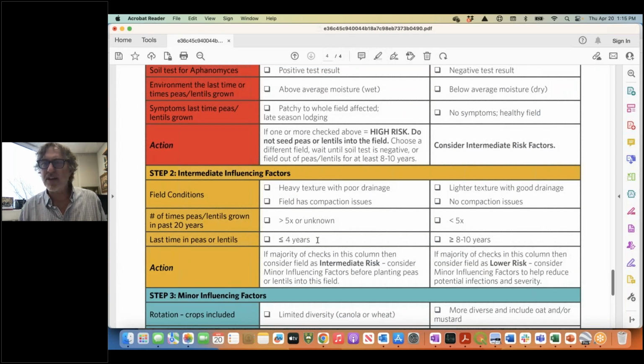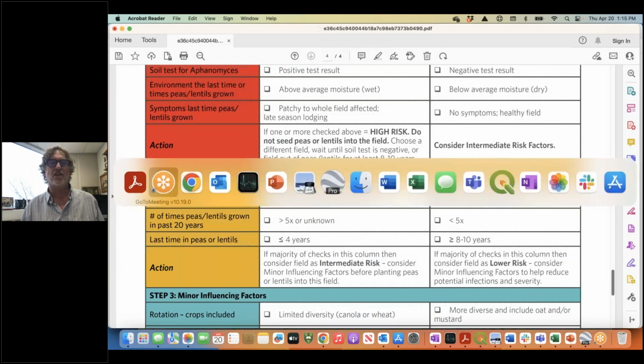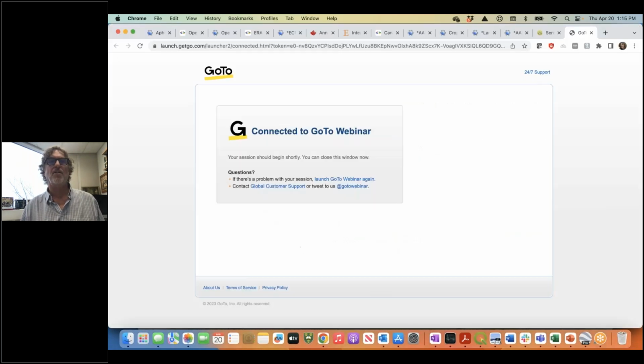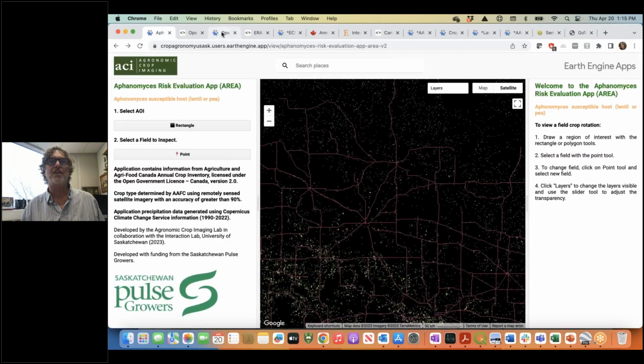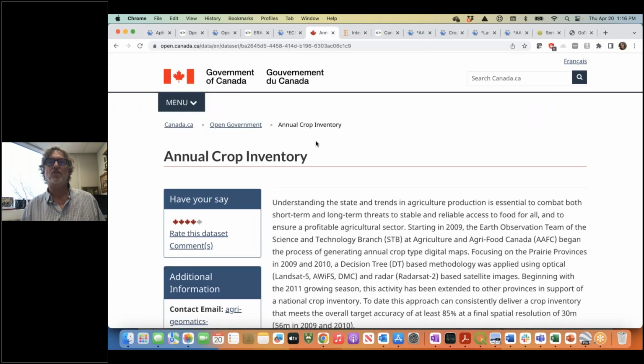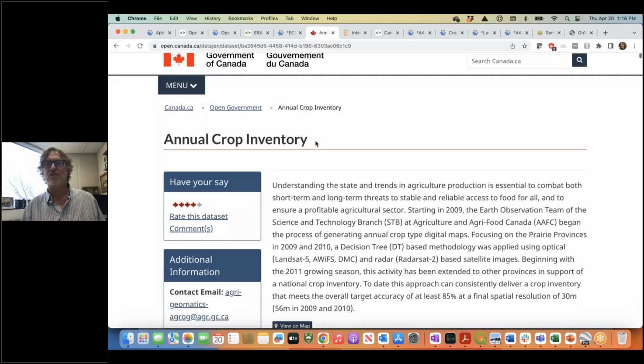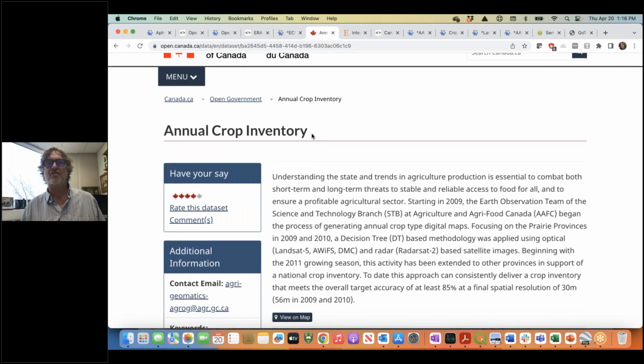These are all things. Right at the same time I was doing this, I was getting involved in some research using something called the Google Earth Engine. And one of the things I discovered was something called the annual crop inventory. This is something Agriculture and Agri-Food Canada has been doing since 2009.